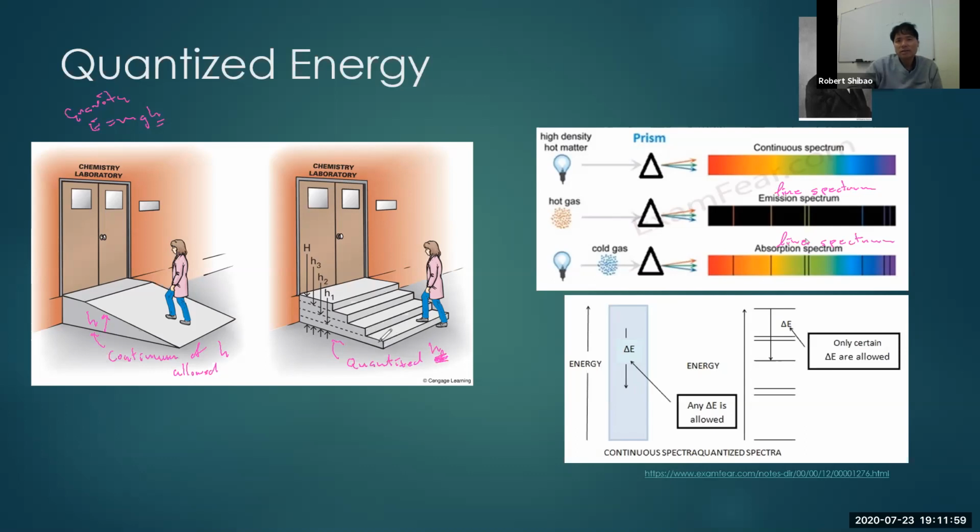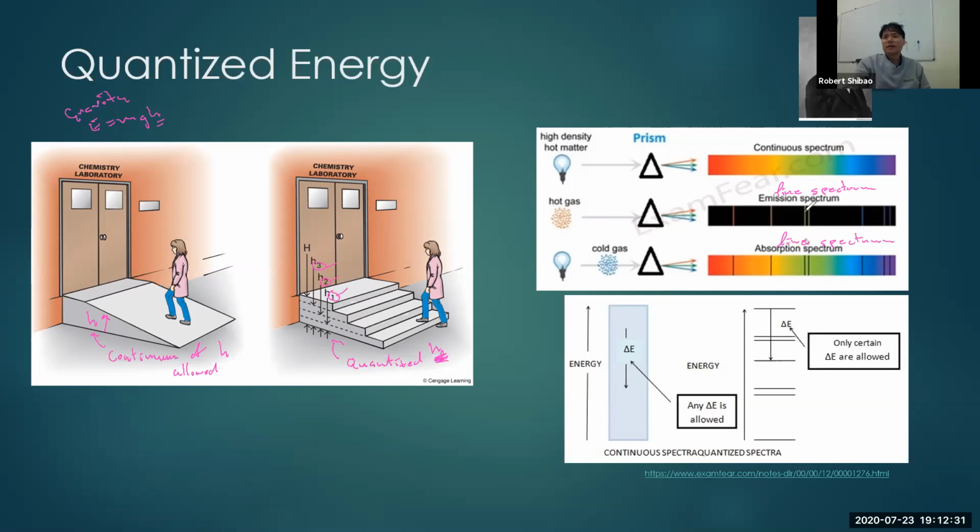We could be one step up, two steps up, but can we be 1.5 steps? No, 1.5 steps is forbidden. This person can't stand at 1.5 steps. What about 1.1 steps? Forbidden. 0.9 steps? Forbidden. 0.5 steps? Forbidden. The only ones allowed are the first step, the second step, the third step. It's quantized, 1, 2, 3, but nothing in between.